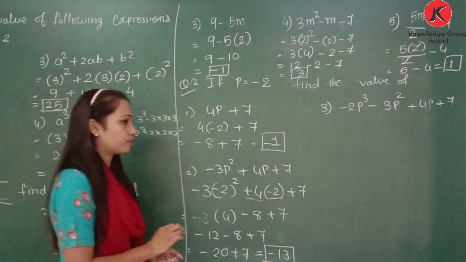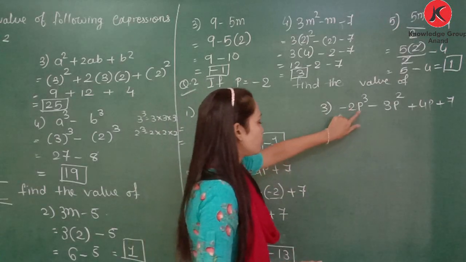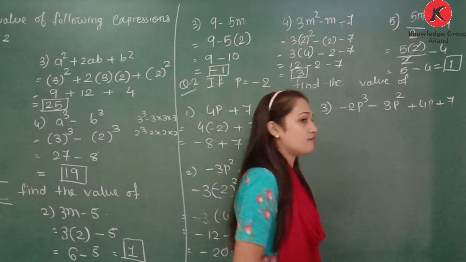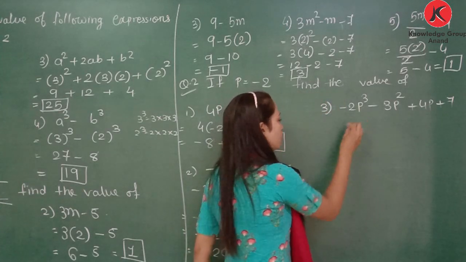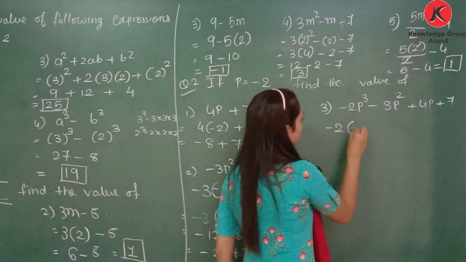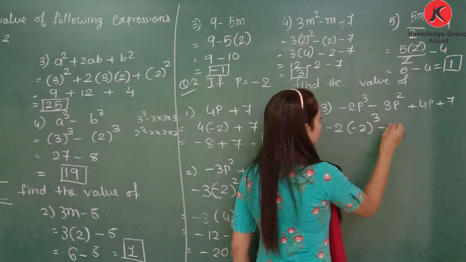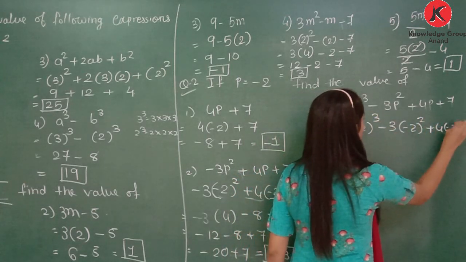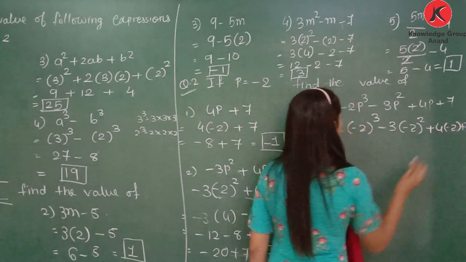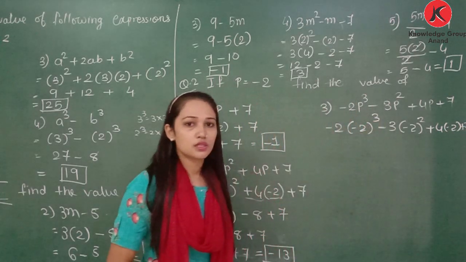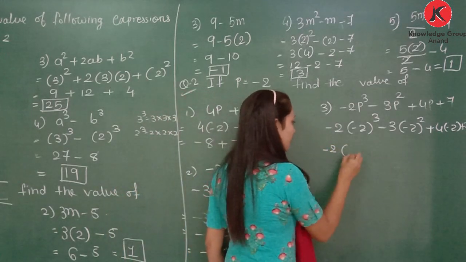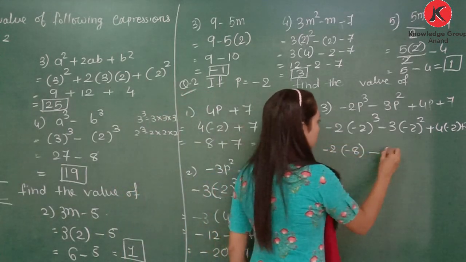Now next one. Minus 2p cube minus 3p square plus 4p plus 7. So here instead of p you need to write minus 2: minus 2 cube, minus 3 minus 2 square, plus 4 minus 2, plus 7. Minus 2 cube is minus 2 multiply minus 2 multiply minus 2, that is minus 8.